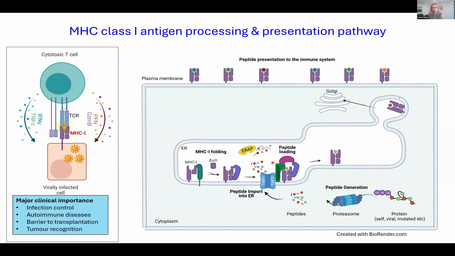Tapasin is also a peptide editor, which means that it can help to load peptides onto the MHC class 1 molecules as well. So it keeps it in an open conformation, allowing it to be peptide receptive. It was thought that after the MHC class 1 molecules had loaded peptide, they went straight up to the plasma membrane for display and recognition by the immune system.